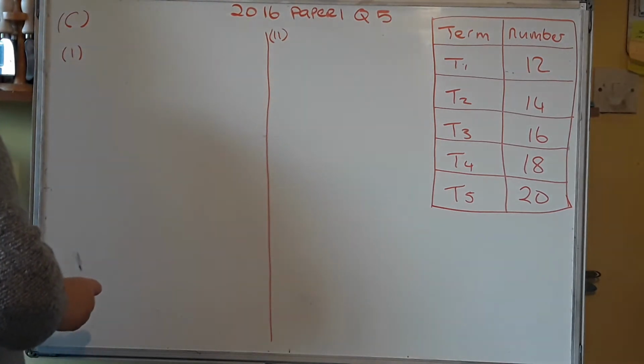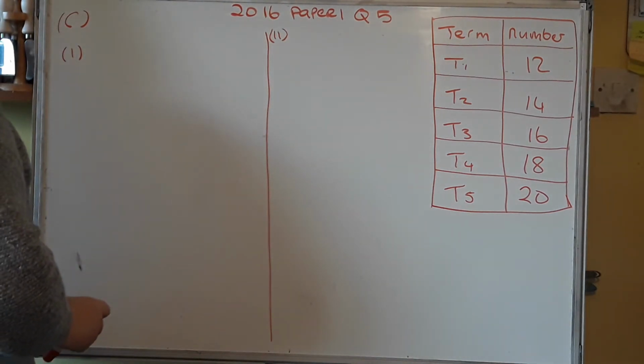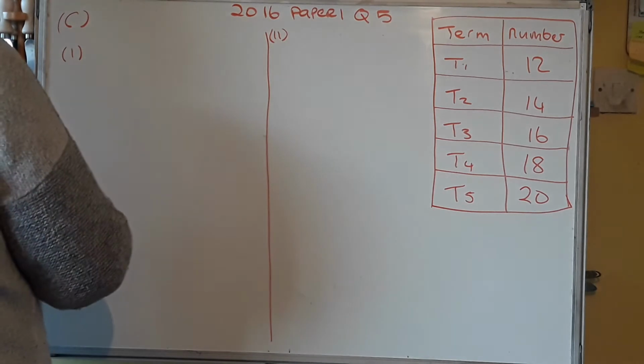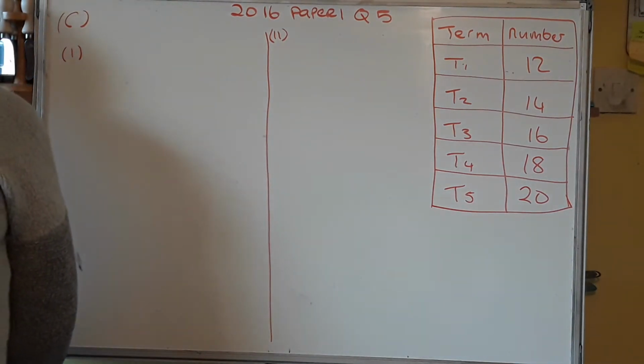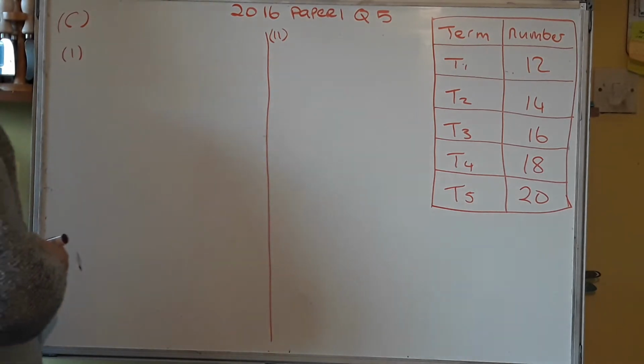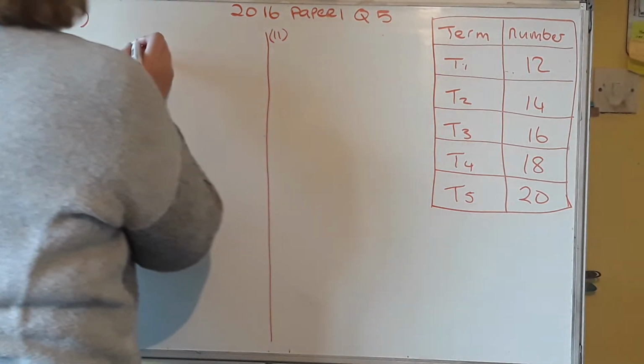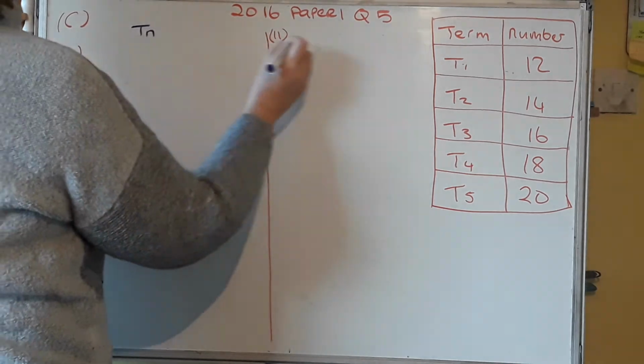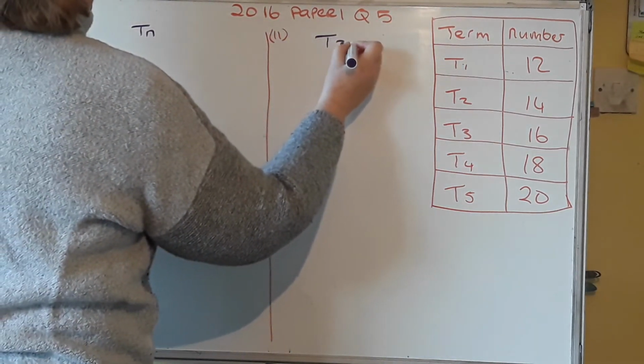So what you want to do is find an expression for Tn, and then hence or otherwise find the value of T30. So here we want to find Tn, and here we want to find T30.